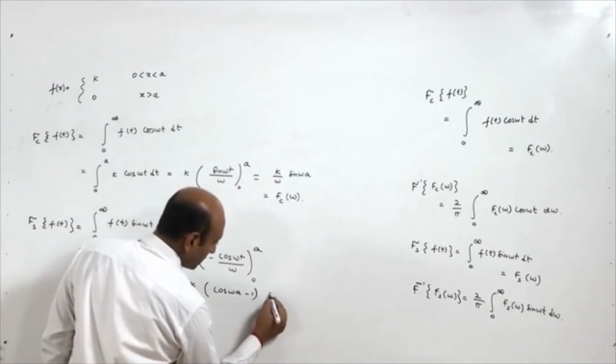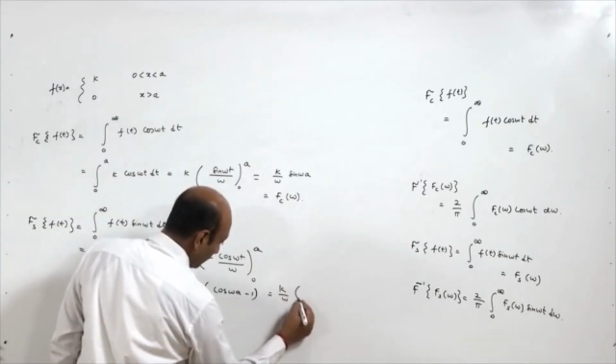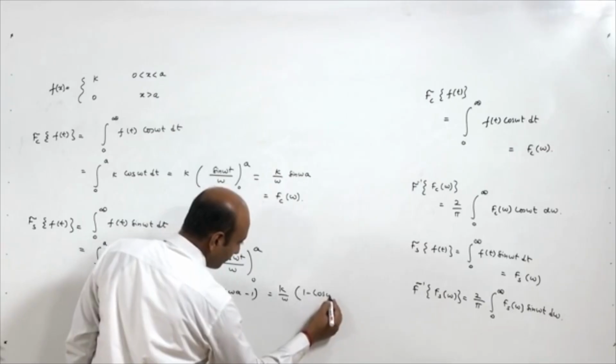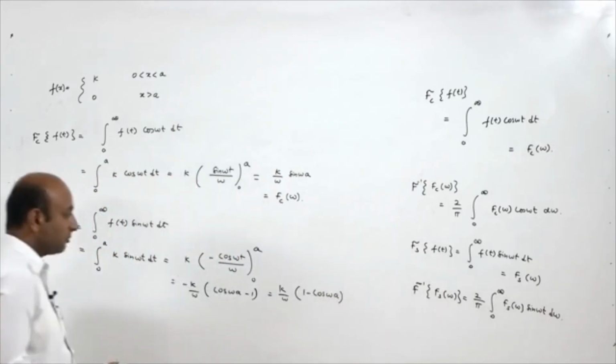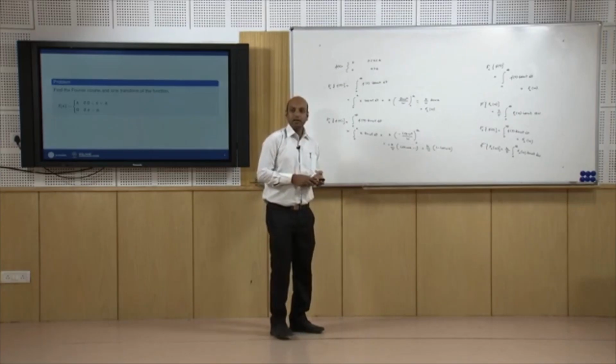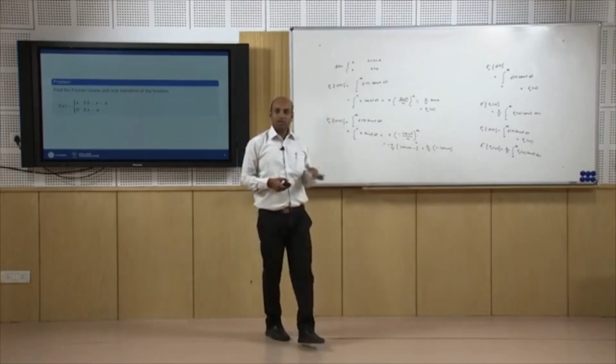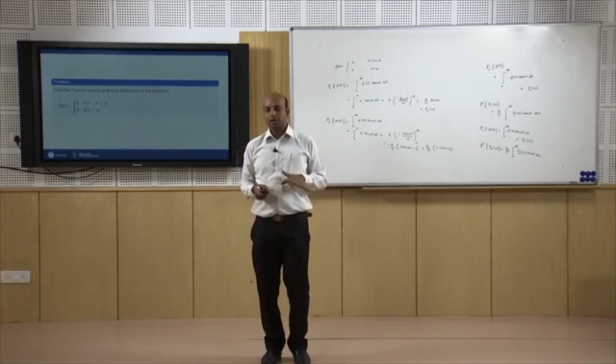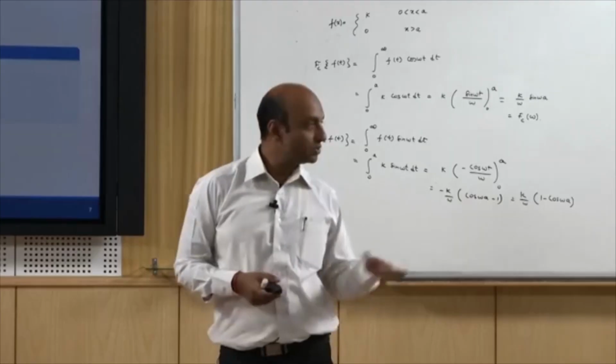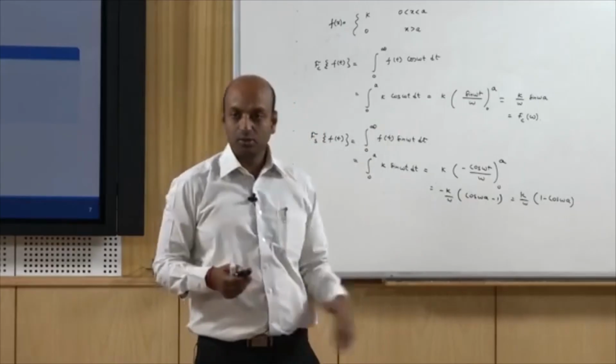So, it is (k/ω) times (1 minus cos(ωa)). This will be the Fourier sine transform of this function f(t). In this way we can find the Fourier cosine or Fourier sine transform of any function f(t) using these expressions.